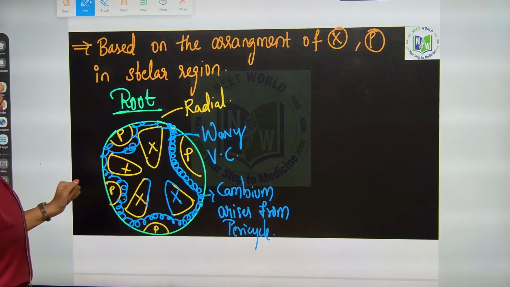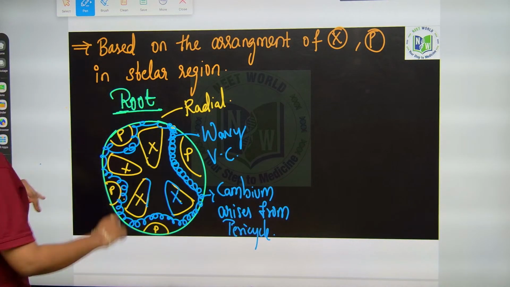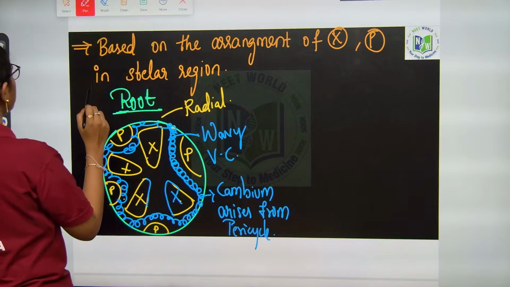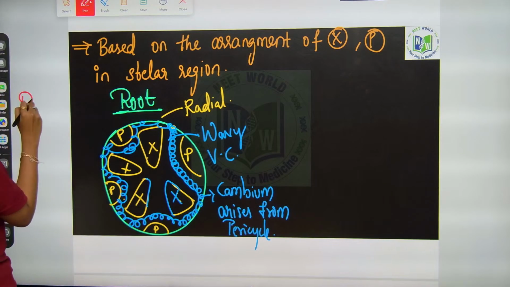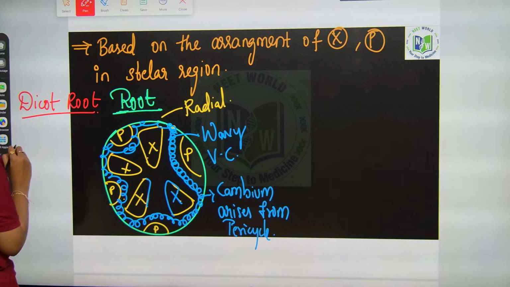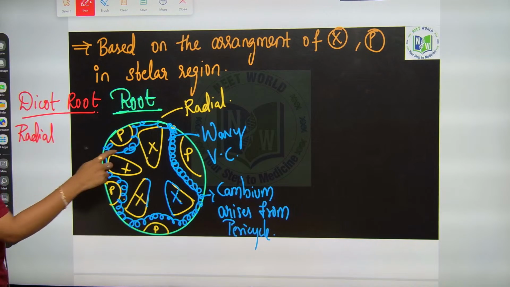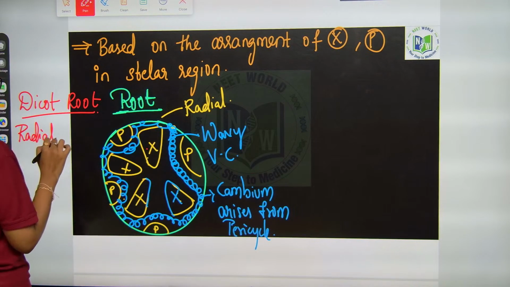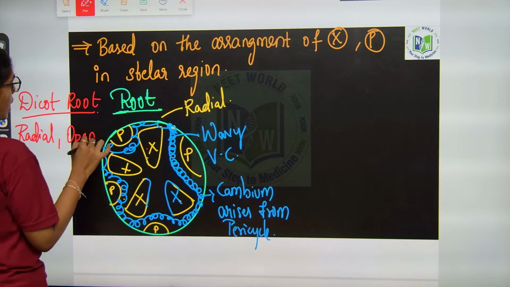This wavy cambium is observed only in dicots. As such, in dicot root, what type of vascular bundles will you observe? Radial and open type, because cambium is present in between xylem and phloem. Radial and open type of vascular bundles.